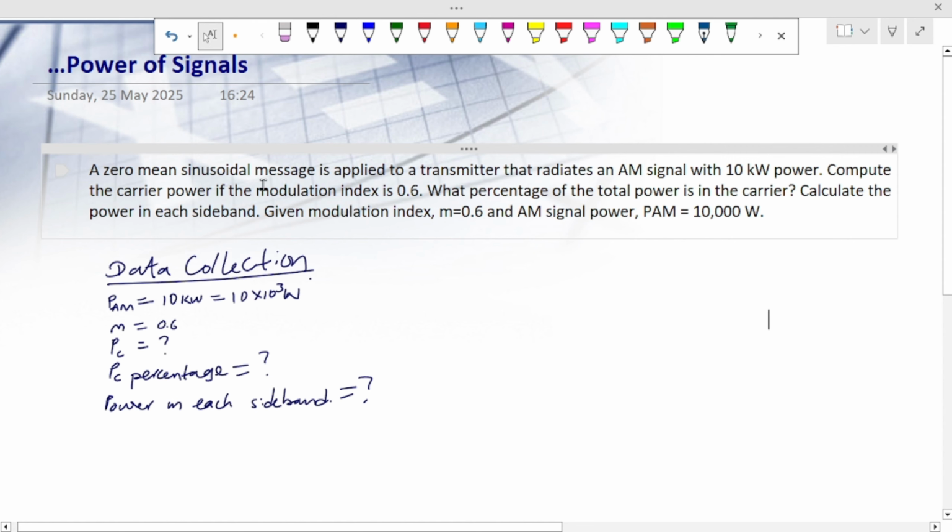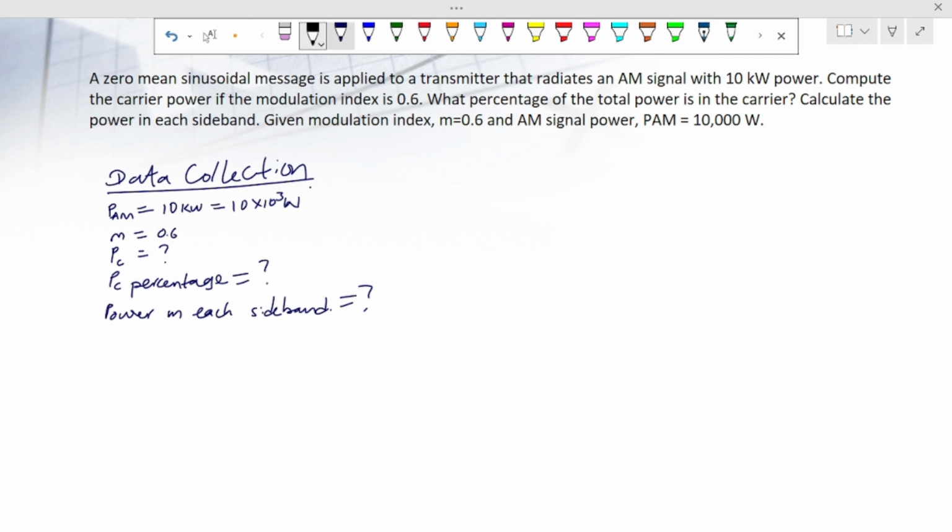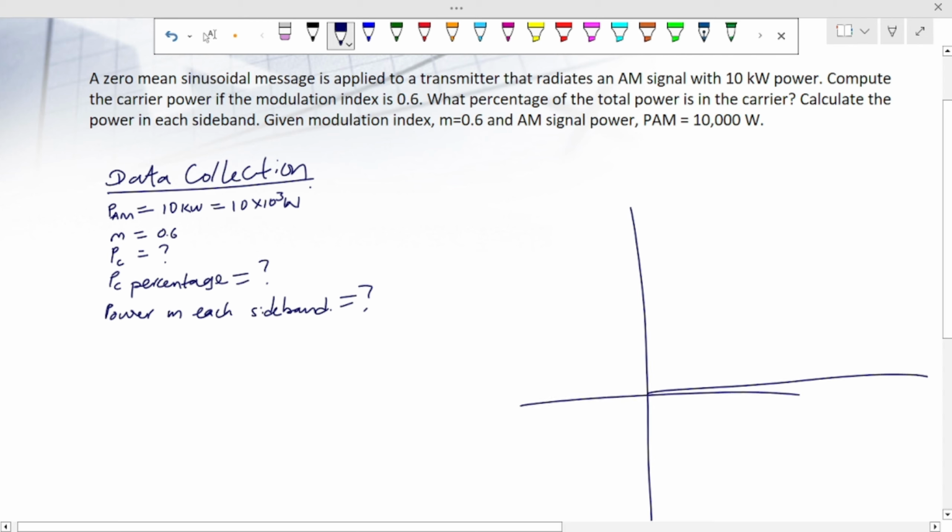Now, a zero mean sinusoidal message is applied. First thing to note, zero mean simply means the center is at 0. Let's draw this to help ourselves see it better. So this is 0, zero mean, just sinusoidal, and you know sinusoidal is in this form.